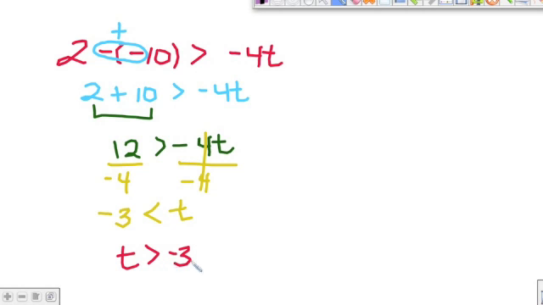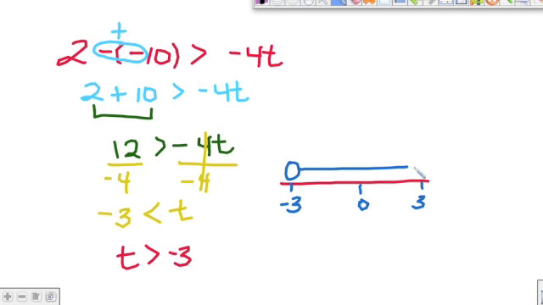If you notice, I did not change the value, just made it easier to read. So t is some number larger than negative 3. So here's negative 3. Let's just put 0, and maybe we'll put positive 3 down here. Open circle, and the line's going in this direction.